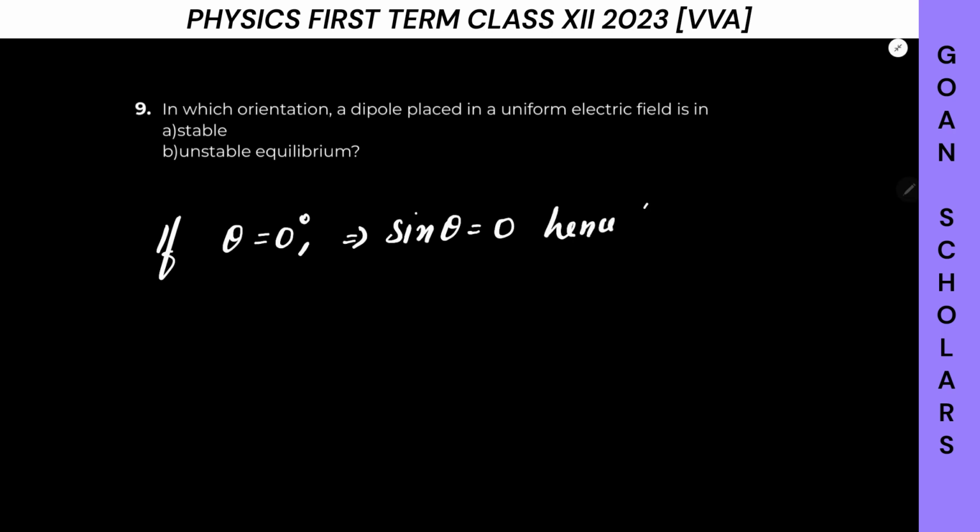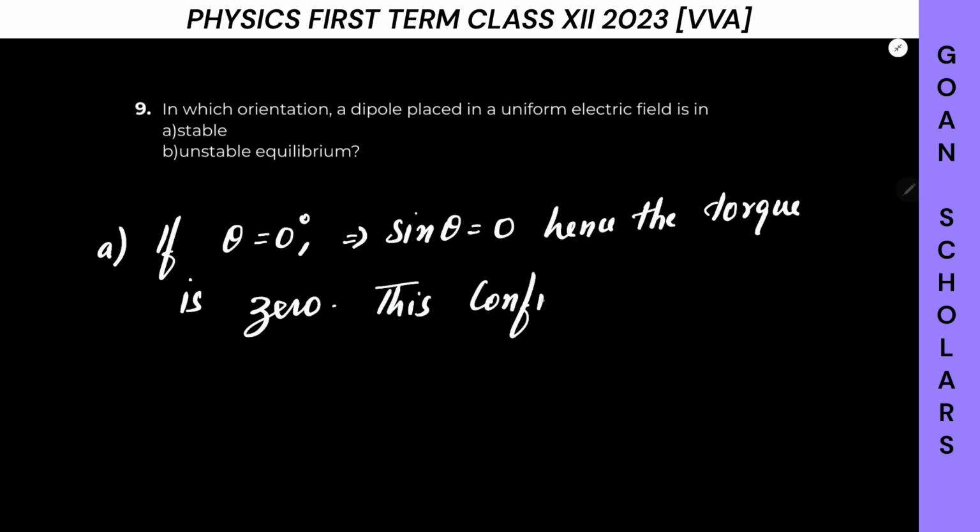Hence the torque is 0, because torque tau is pE sine theta. And if torque is 0, this configuration, this is A, this configuration is a stable equilibrium.